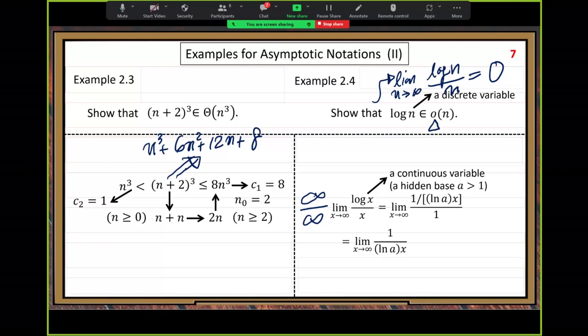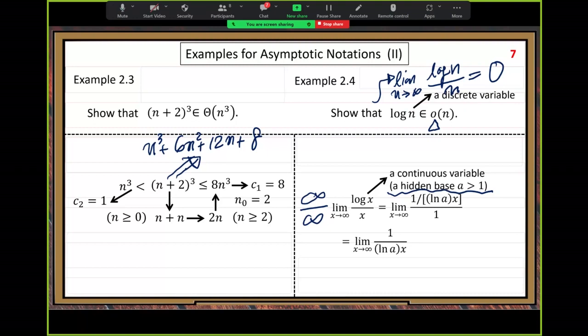Our assumption is that when we use the general log function, we use some hidden base a greater than 1. So this is 1 over the natural log of a, a constant, times x.